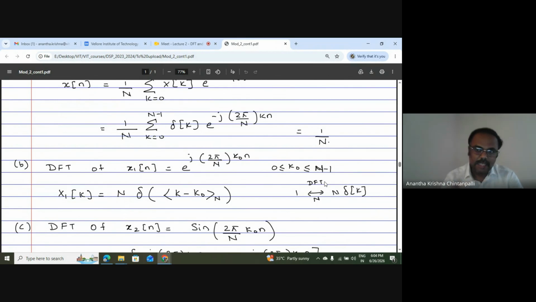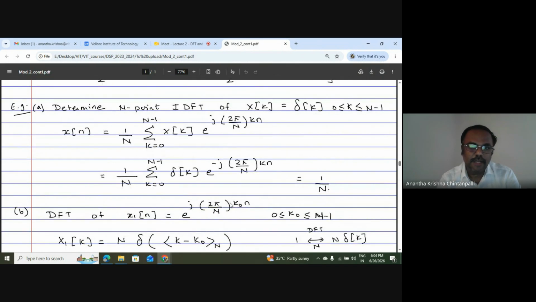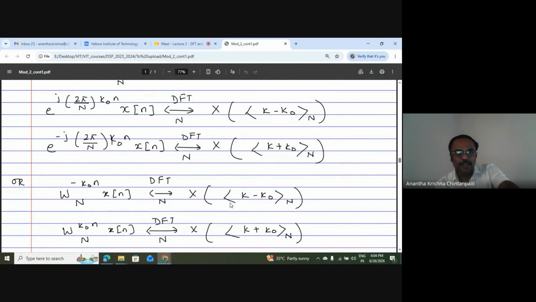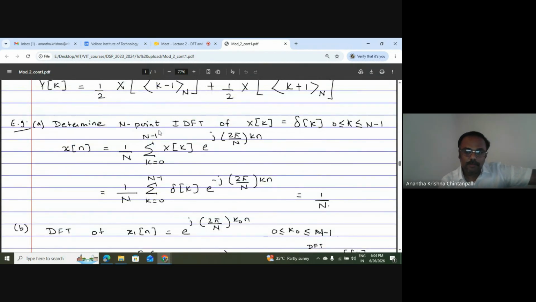Now, with that, there is a very important point. I'm going to compute the discrete Fourier transform of e to the power of j 2 pi by capital N k naught n. Now, what is your x of n here? Because if you have to apply the frequency shifting property, your x of n should be there, right? So your x of n is 1.